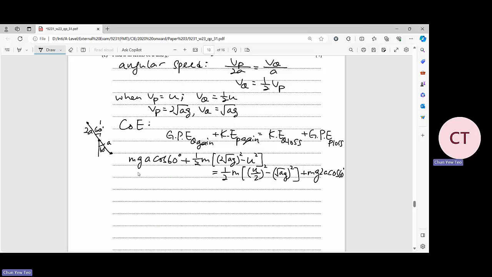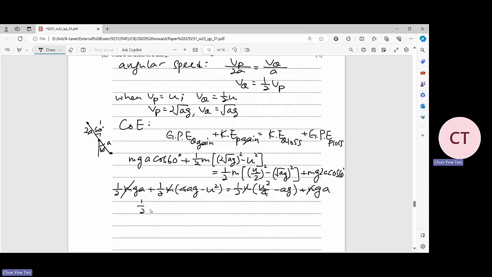Okay, simplify it. I will get half mga plus half m times 4ag minus U squared, half m times U squared over 4 minus the ag, plus the mga. So cancel all the m first.